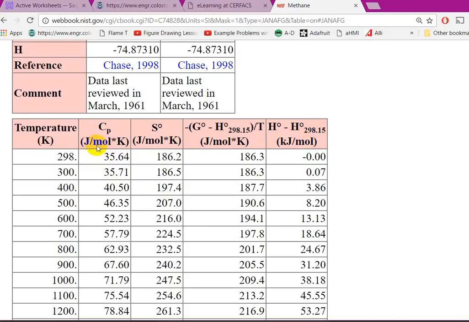In other words, they've done the integration of heat capacity and temperature, and this is the integration result right here. So it's at temperature of 300 degrees. Wow, it's convenient that they have 300. They've subtracted off their reference temperature and given me what the value is. So the number that I'm looking for, my sensible heat right there, is 0.07.